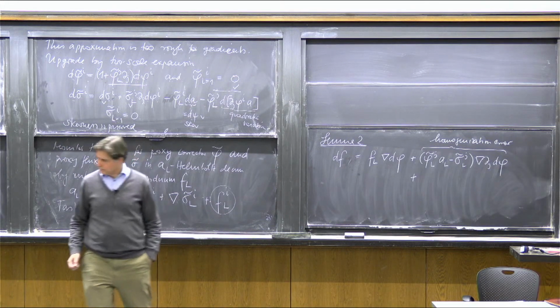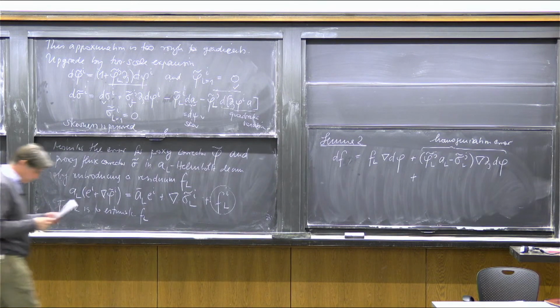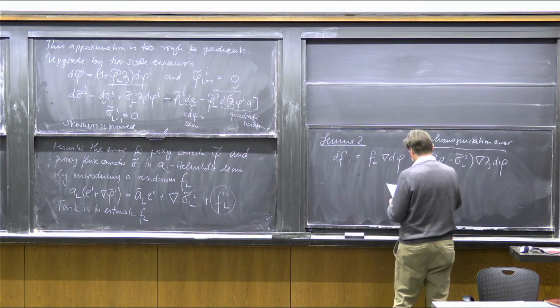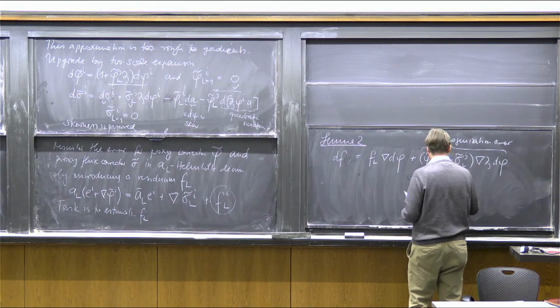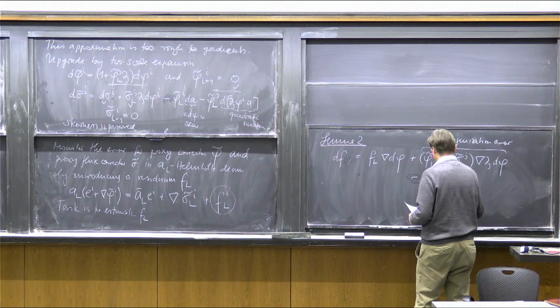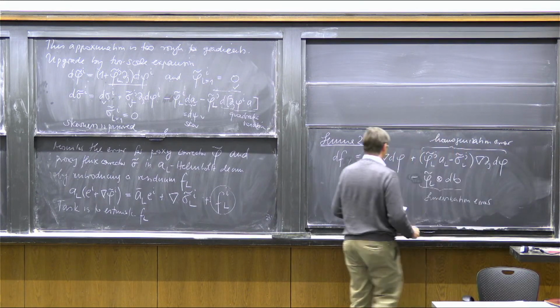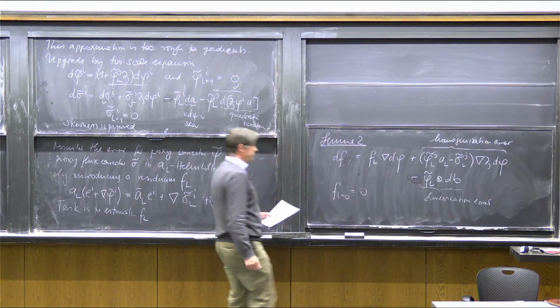And now again, in my vectorial notation, I have to be careful of the order. So minus phi L tilde tensor dB. So that's the linearization error. And of course, we know that initially this error is equal to 0.